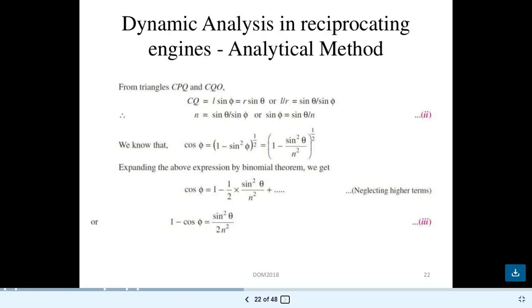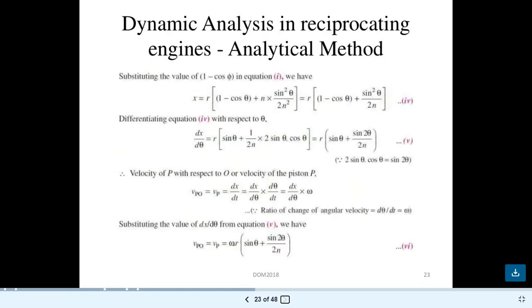The expansion gives cos phi equal to 1 minus 1 by 2 sin square theta divided by N square plus so on. The higher values are negligible. So 1 minus cos phi is equal to sin square theta divided by 2 N square. Substituting that value, we find X is equal to R into (1 minus cos theta plus sin square theta divided by 2N).